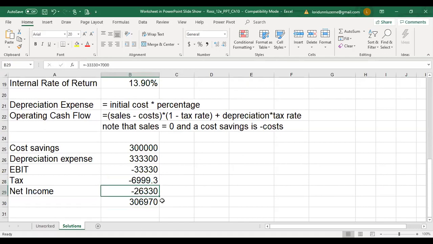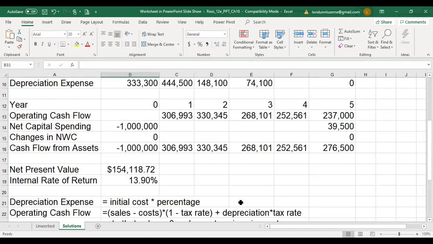Let me do this. Plus B27 minus B28. Okay. Plus B29 plus B26. And you can see it's taking those cells, and there we go. 306,969.70. And it's just off a few bucks because of rounding. But that's the operating cash flow.